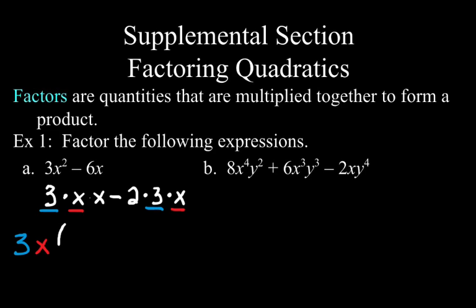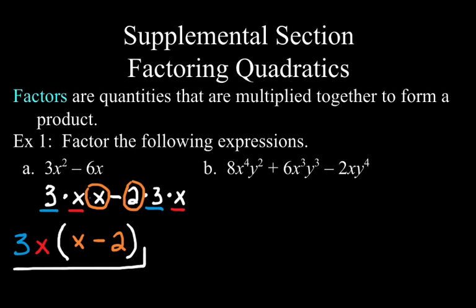Then we write down our parentheses, and we think, okay, what's left? It leaves us with an x right here, and a 2 right here. So what we have left is the x, then the minus sign, and the 2. And that is our method of factoring out a greatest common factor.